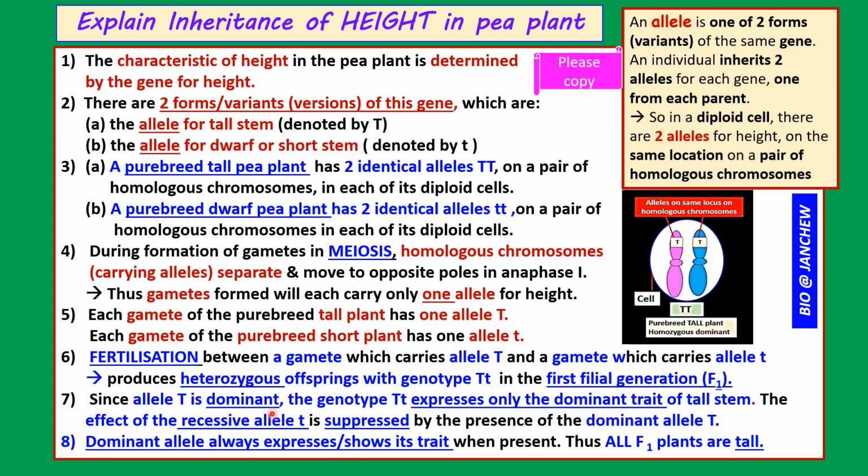So if allele big T is dominant, the genotype big T, small t expresses only the dominant trait of phenotype, that is tall stem. The effect of the recessive allele small t is suppressed. This is one of the things that you can write down. Or mask. Suppress or mask, that means it's covered and it cannot express its trait. The recessive allele will not be able to express its trait in the organism when it's in the presence of the dominant allele big T.